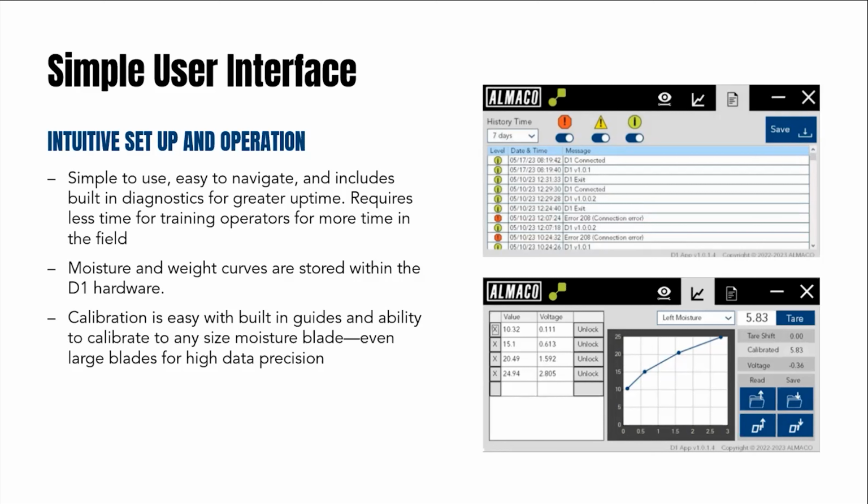This new app really just gives access to the readings, the settings, other functions, and the events that have happened around the D1. It works with the harvest software. This is not the harvest software. So this app kind of hides down in the system tray until it's needed.